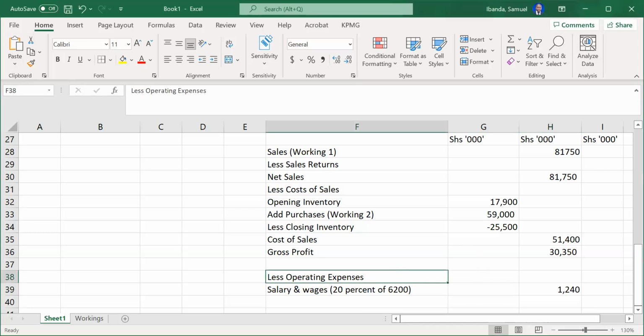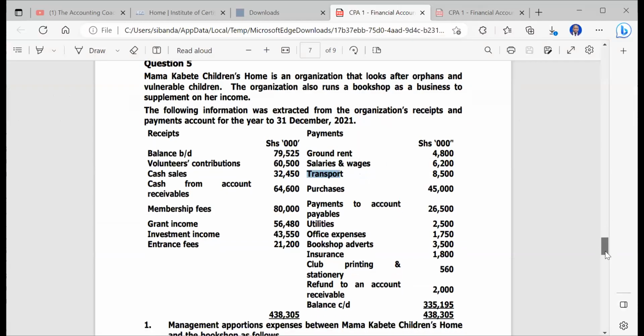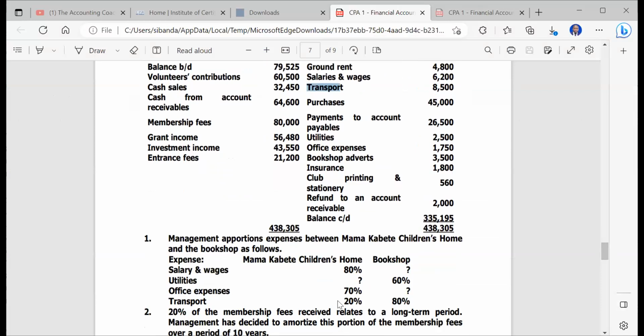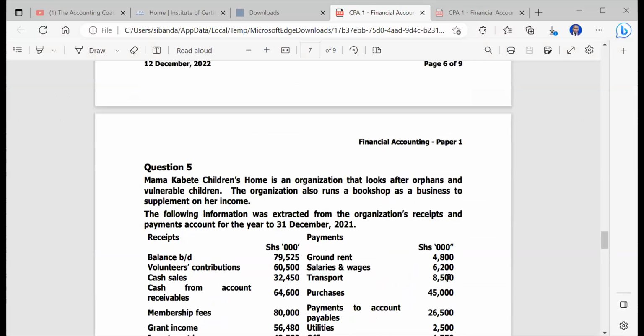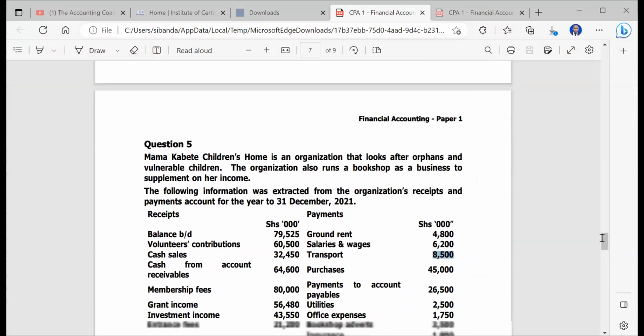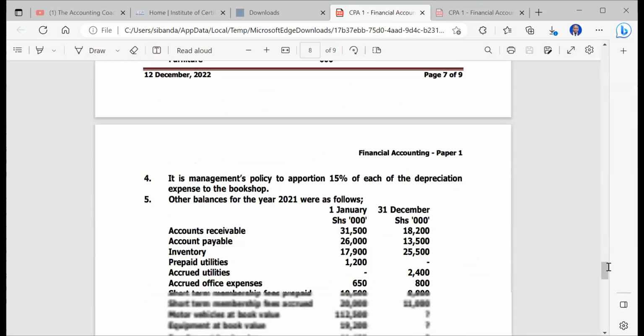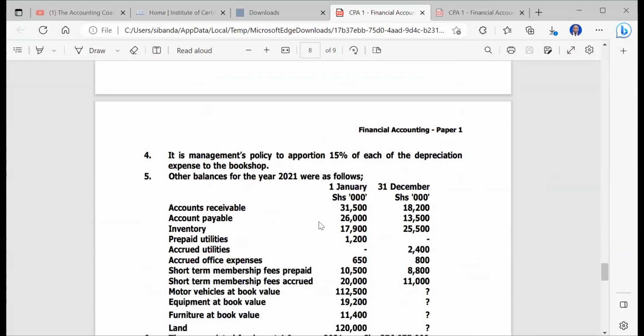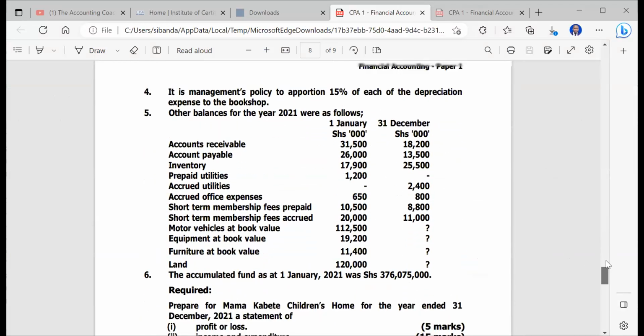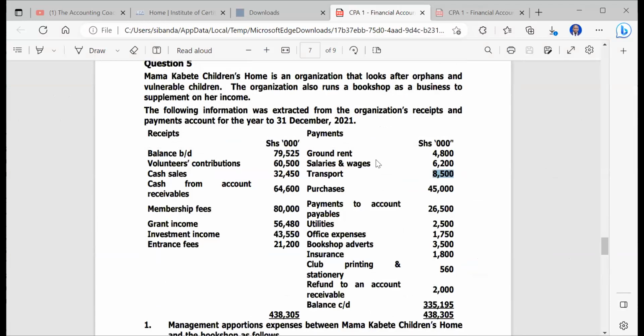I'll move to the next one. Transport, is it shared as well? Yes, transport is also shared, 80%. So 80% of this transport relates to the bookshop. Again, it's important for you to look and see if there's any adjusting entry for transport, like maybe transport that was not paid for, because whatever is in here is what was only paid for, but I don't seem to see anything.